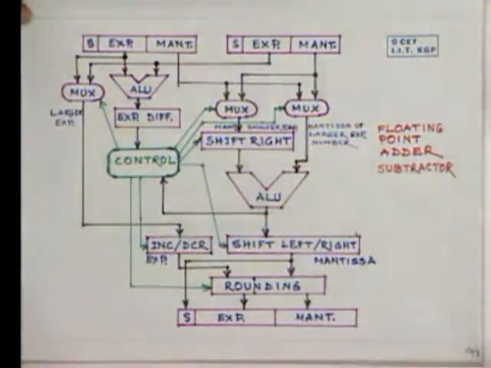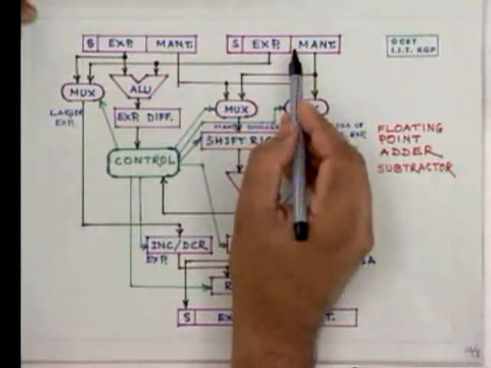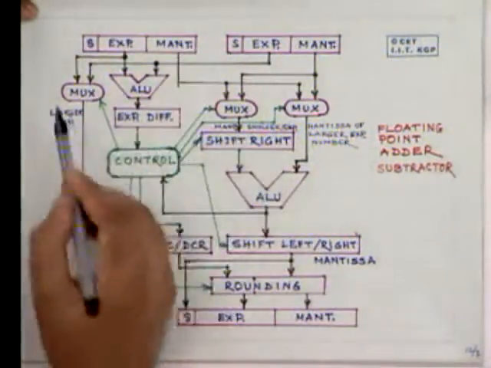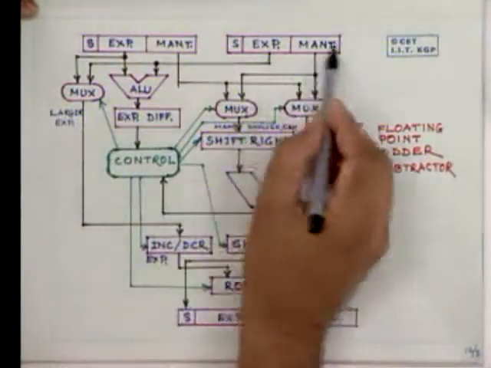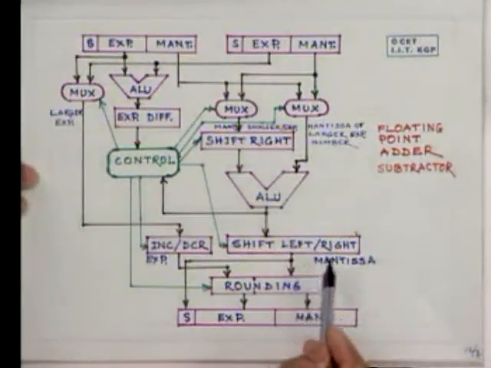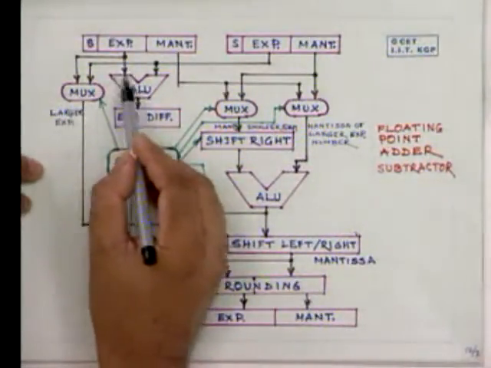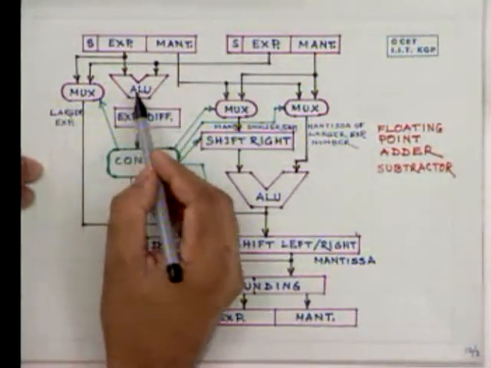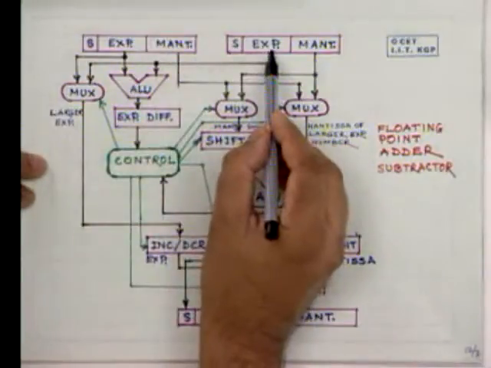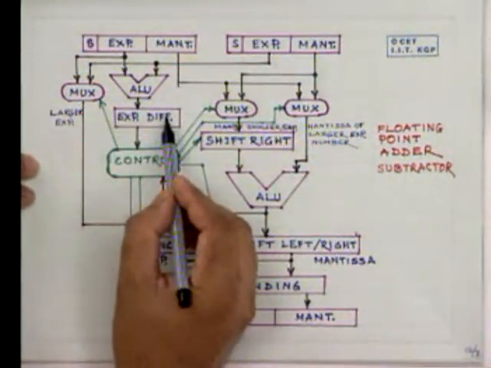Let us see what can be an adder subtractor unit for a floating point number operation. So this is one number, and this is another number. This is a sign, this is the exponent, and this is the mantissa of the first number, and likewise for the second number. Now here we have a small ALU, which first compares the exponent of this number and this number, and that exponent difference is found out.